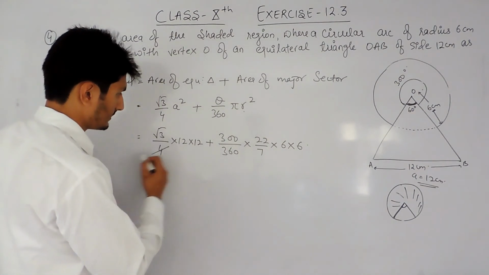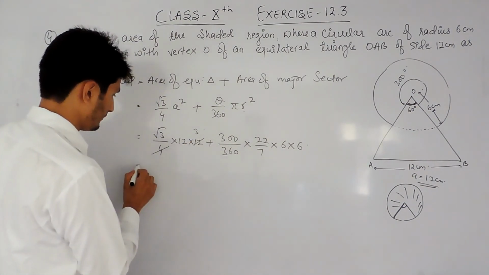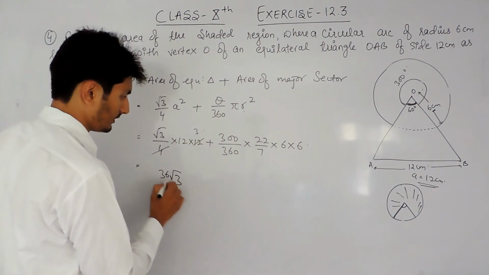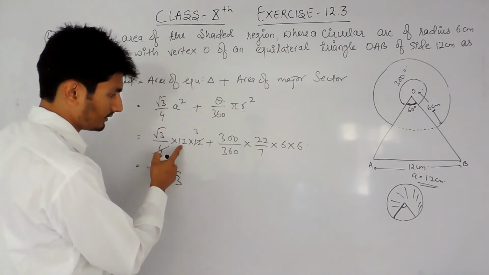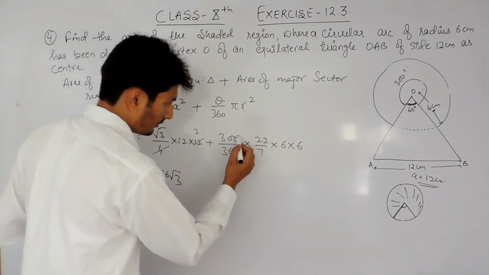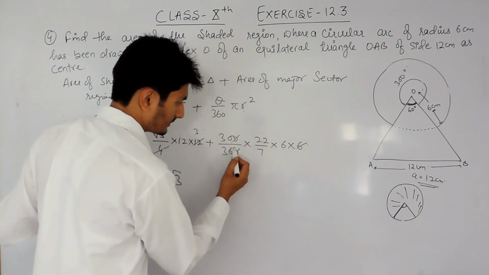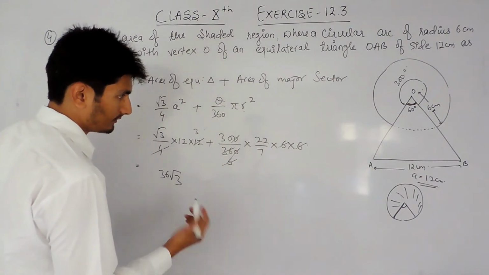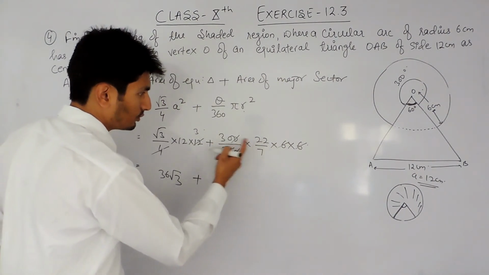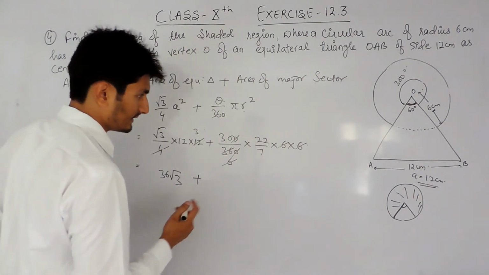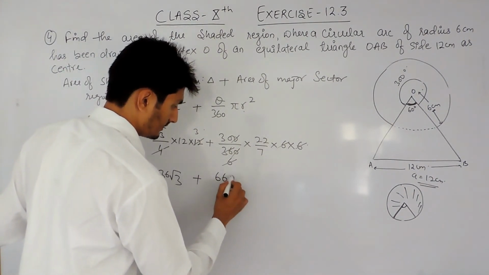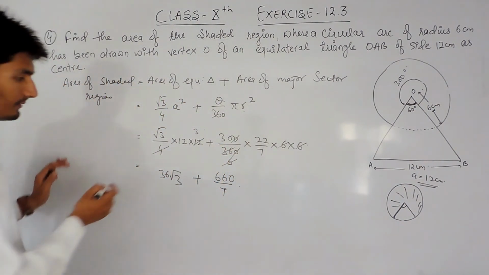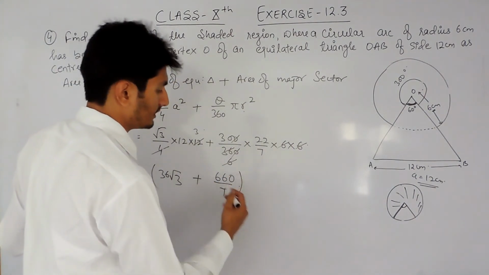Now solving this, 3 times 12 will be 36√3. The 6 can be cancelled with this 6, and nothing can be solved further. So 22 multiplied by 300 is 6600 upon 7... 660 upon 7. So this should be my area.